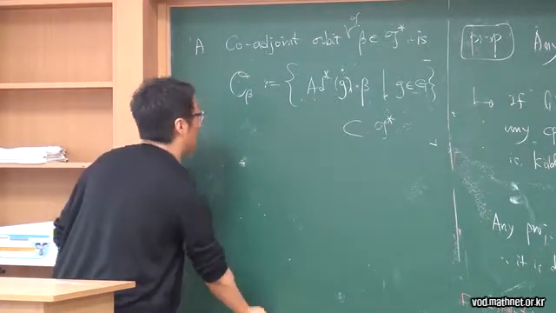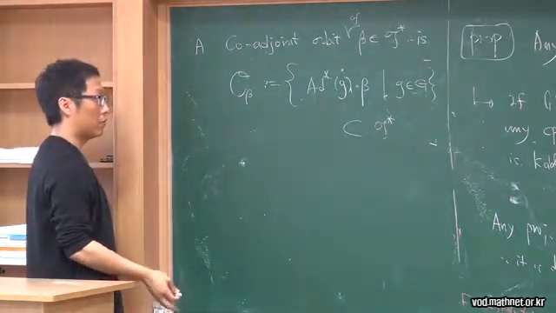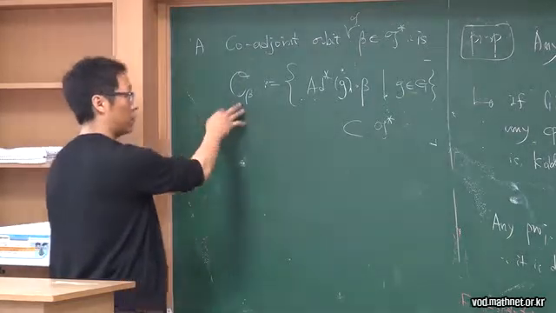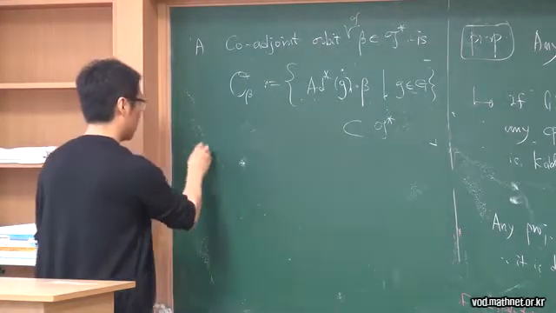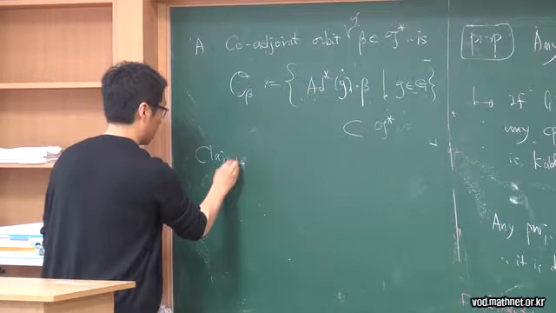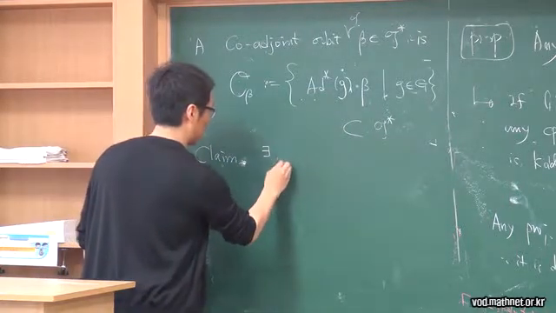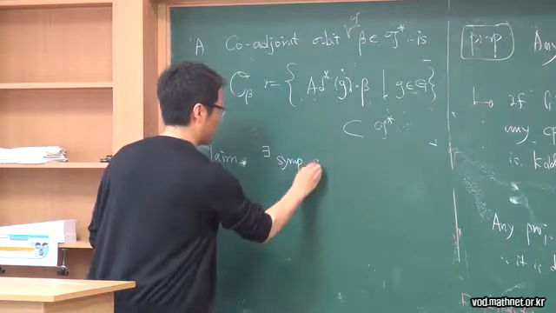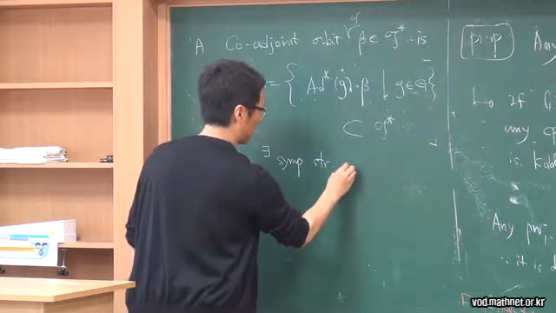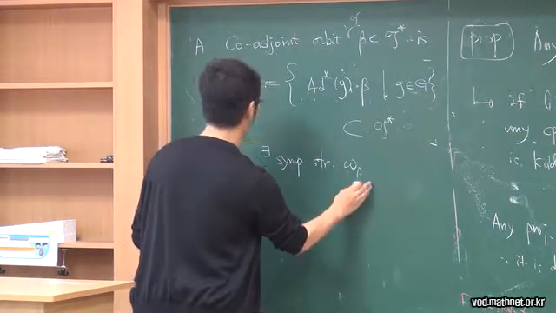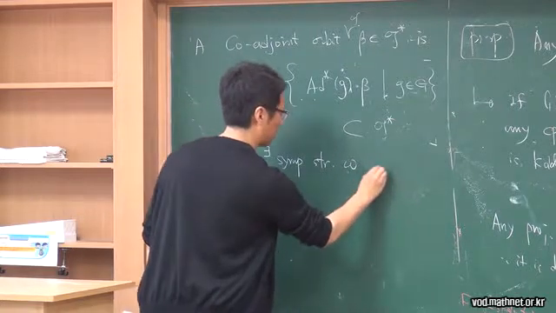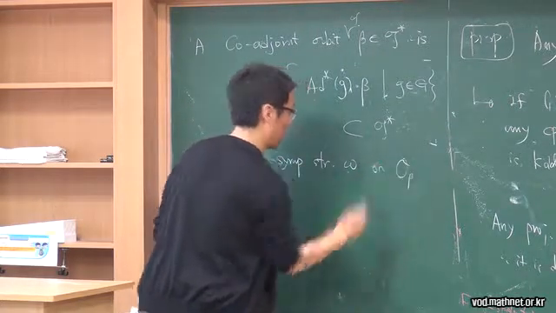So we want to prove that we can find the canonical symplectic form on the co-adjoint orbit. So the claim is that there exists a symplectic form omega on the orbit.